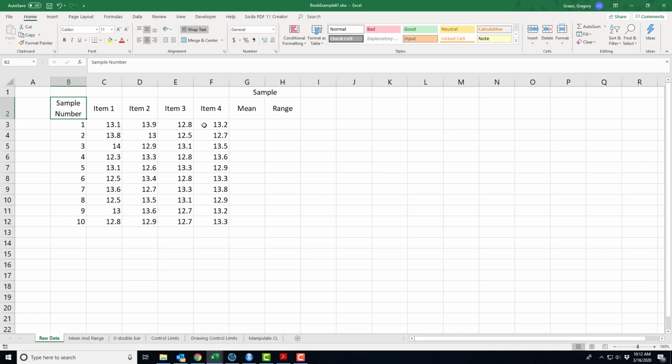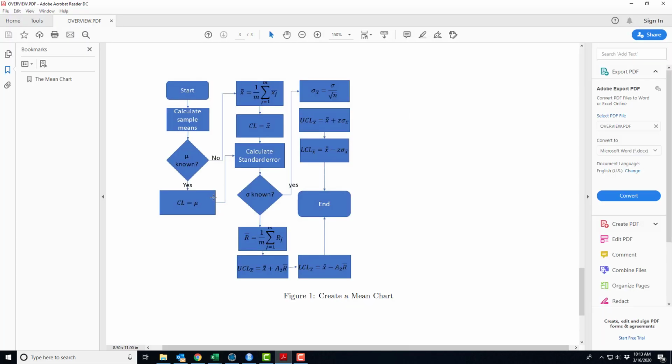Now the sample here is pretty small because nobody wants to type in 30 items per sample. So I'm looking at a sample where I'm just choosing 4 objects that we've produced, and I'm taking a measurement of them. And what this flow diagram says is, from that, calculate the sample means.